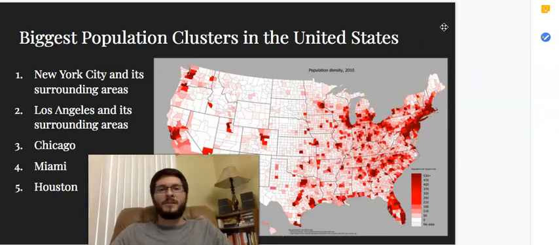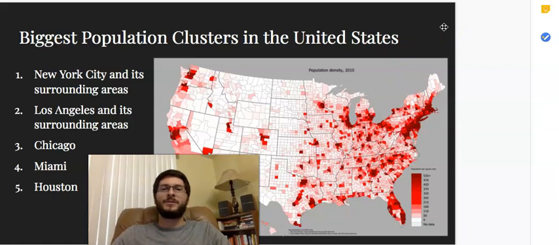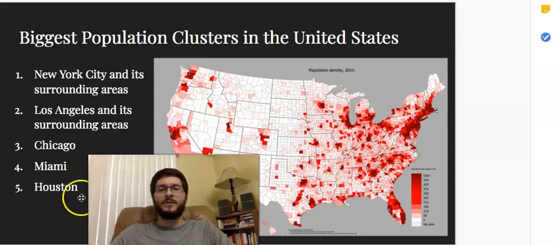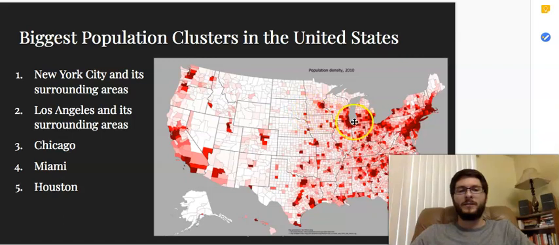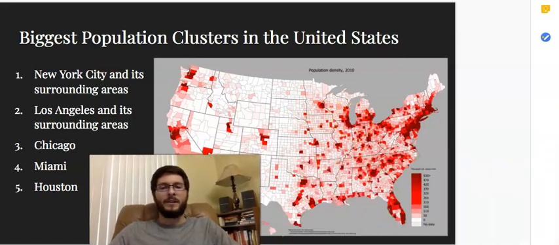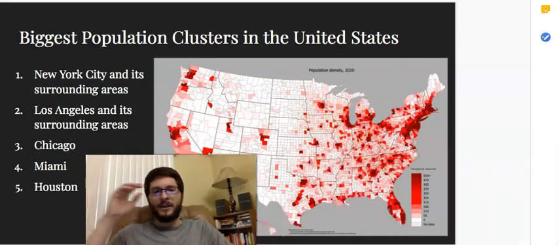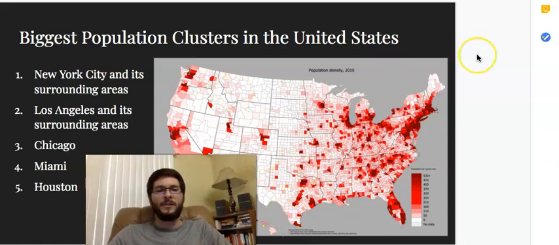That probably doesn't come as a surprise to anyone, as it's the most concentrated urban center of the United States. Then you have Los Angeles, which is out in California, obviously. Then you've got Chicago. You have Miami down in Florida. And then lastly, you have Houston, which is in Texas. Those are some of the biggest population clusters here in the United States.